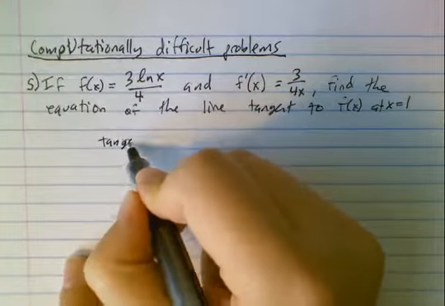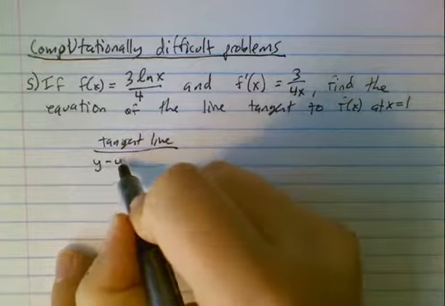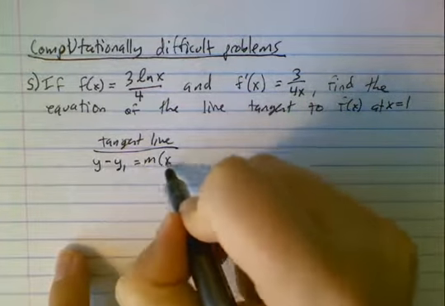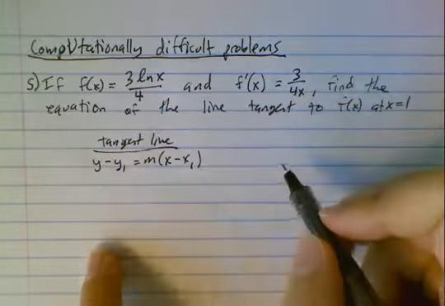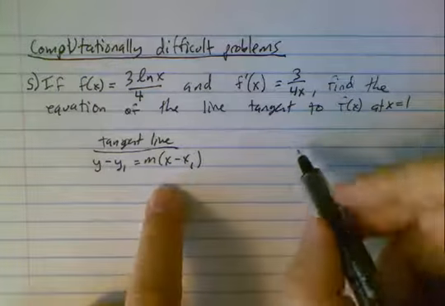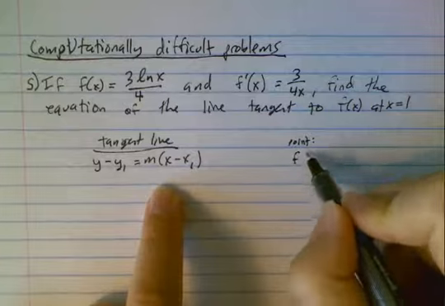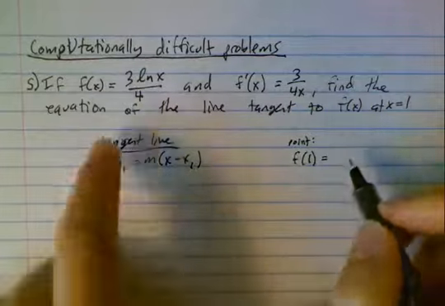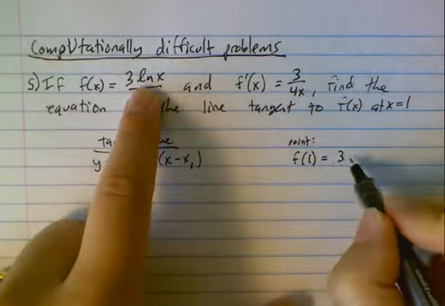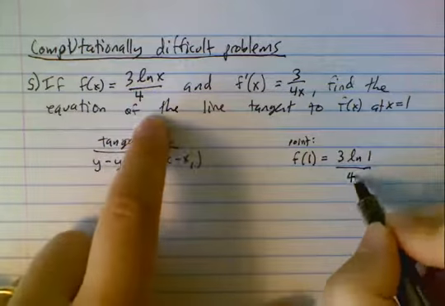Okay, for our tangent line, we know we're going to have y minus y1 equals m times x minus x1. So we need first a point, f of 1 equals 3 natural log of 1 over 4.